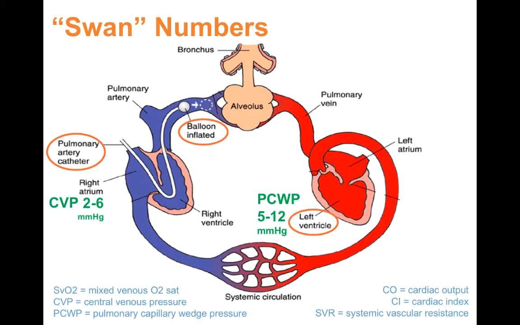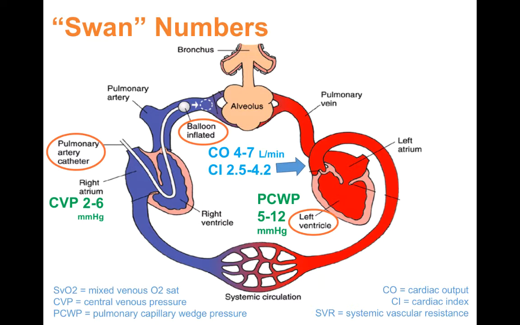Again, what is the volume status of the patient? When you're thinking about assessing fluid status in a patient based on hemodynamics, pulmonary capillary wedge pressure is really your gold standard. But because this requires a more invasive type of line, oftentimes we use central venous pressure, or CVP, as a rough way of making the same volume estimation. Other helpful hemodynamic numbers: how much blood is the heart pumping out?